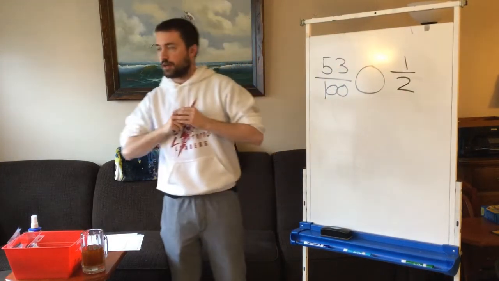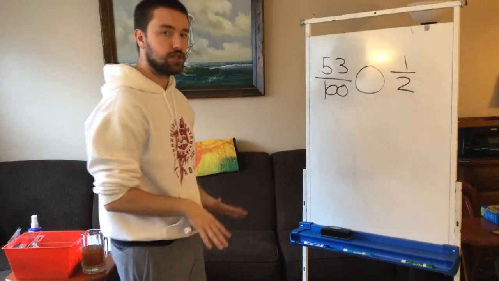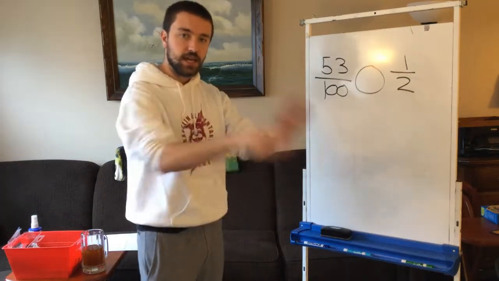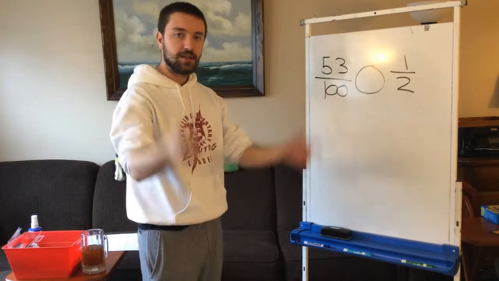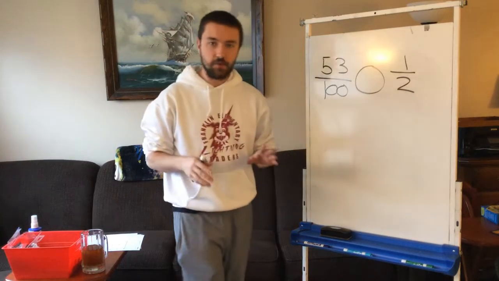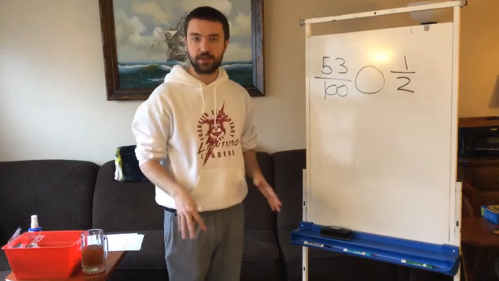Whoa. All right. Don't let the big numbers scare you. This isn't as bad as you think. We just have to slow down, hit the brakes, and think. We can figure this out by actually not doing any math. But I'm going to put some math on here so you can see my thinking.